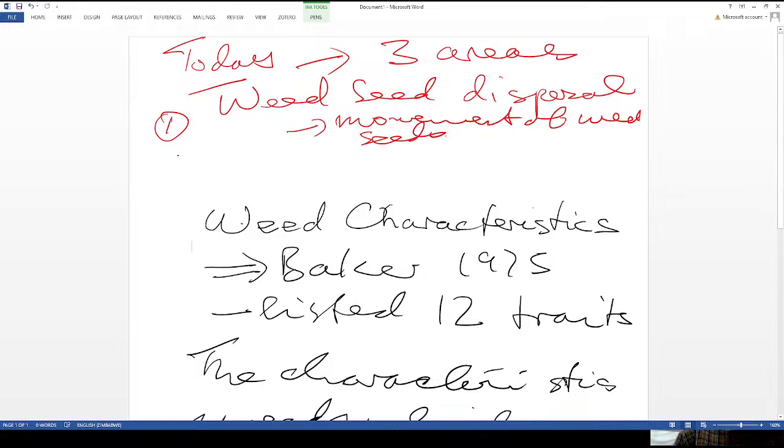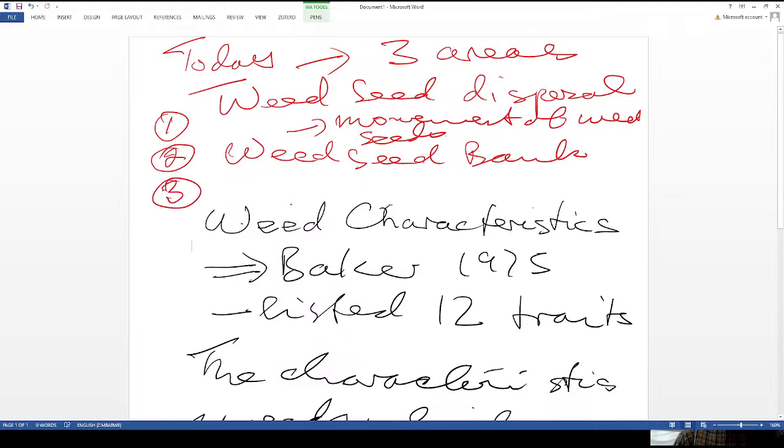The other thing we want to look at is weed seed bank. Then we also want to look at weed seed dormancy.